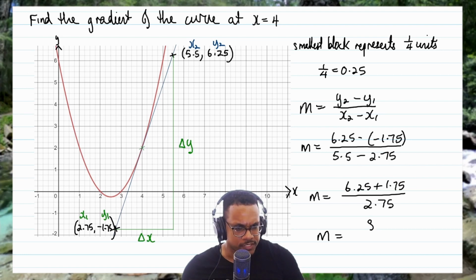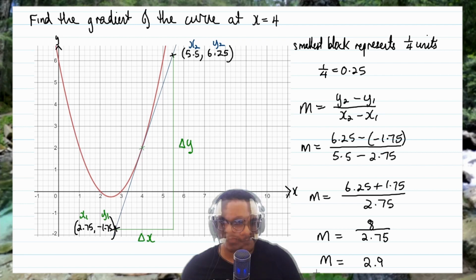So my gradient will be 8 divided by 2.75. So my gradient will be equal to +2.9. Now this will be the gradient of the tangent to the curve at the point x equal 4, which will be the gradient of the curve at x equal 4.